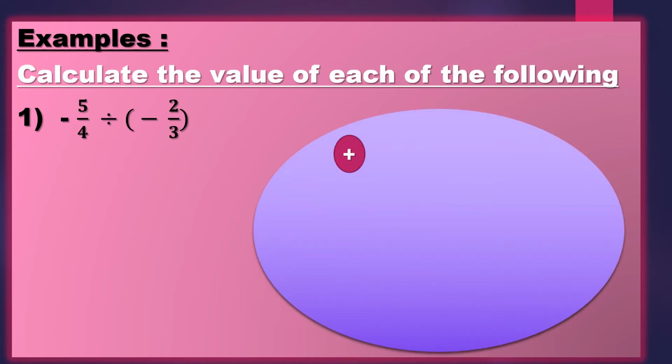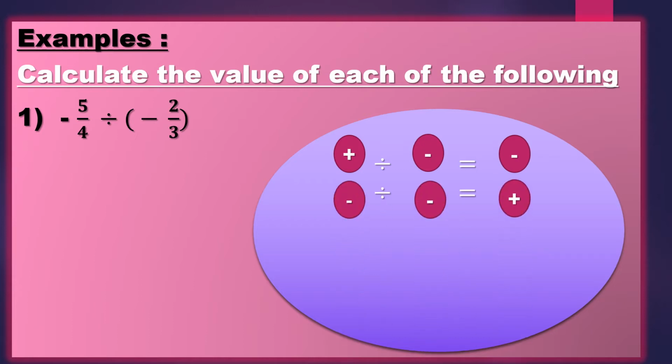We studied the sign rule before. Let's remember it together. Positive divided by negative will equal negative. Negative divided by negative will equal positive. Positive divided by positive will equal also positive.